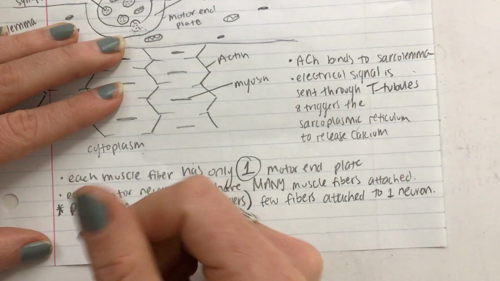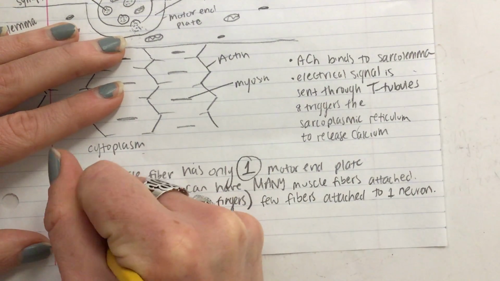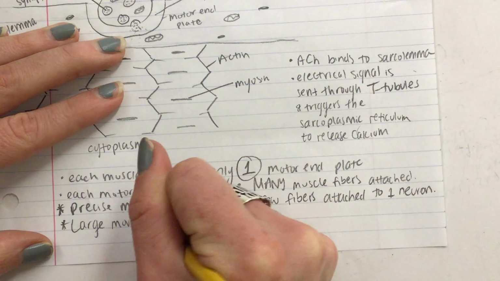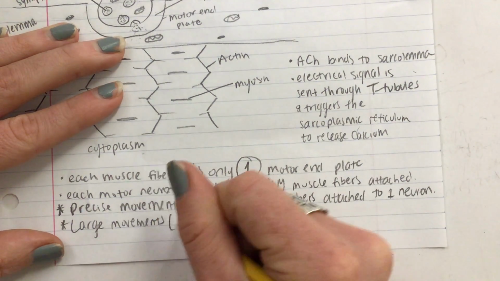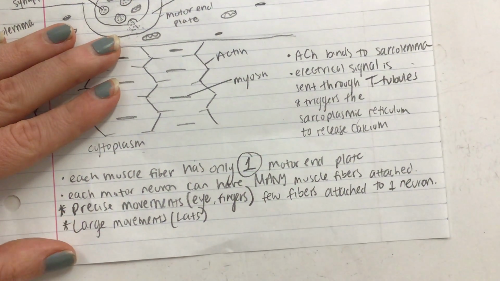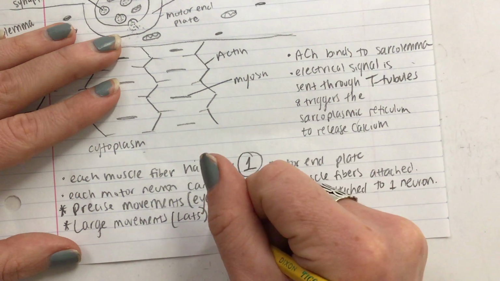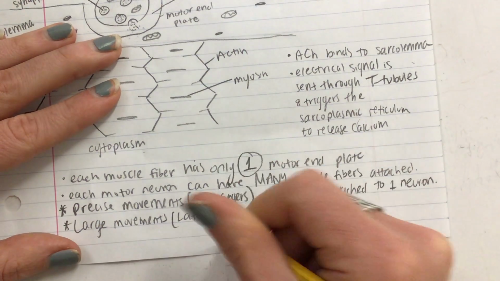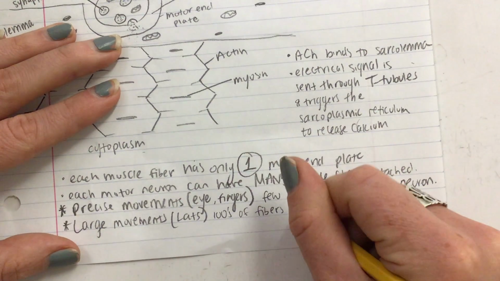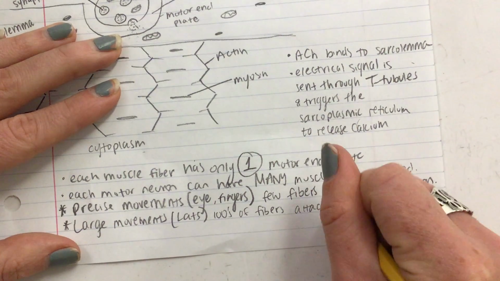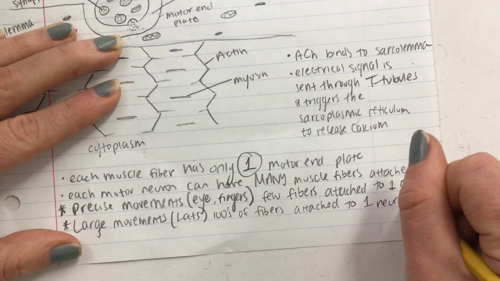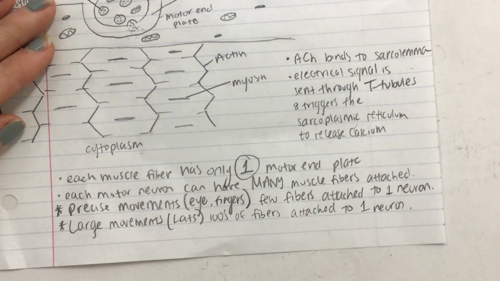Whereas large movements, like in your lats, those big muscles in your body, there are going to be lots, like hundreds, of muscle fibers attached to one motor neuron. All right, and that's it.